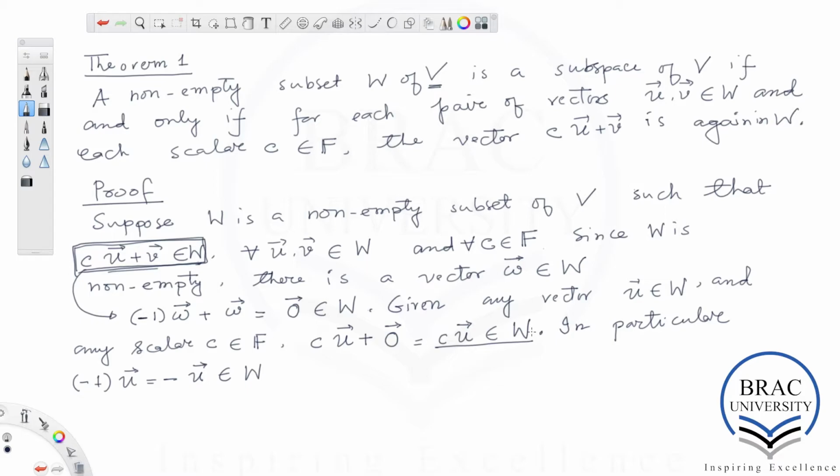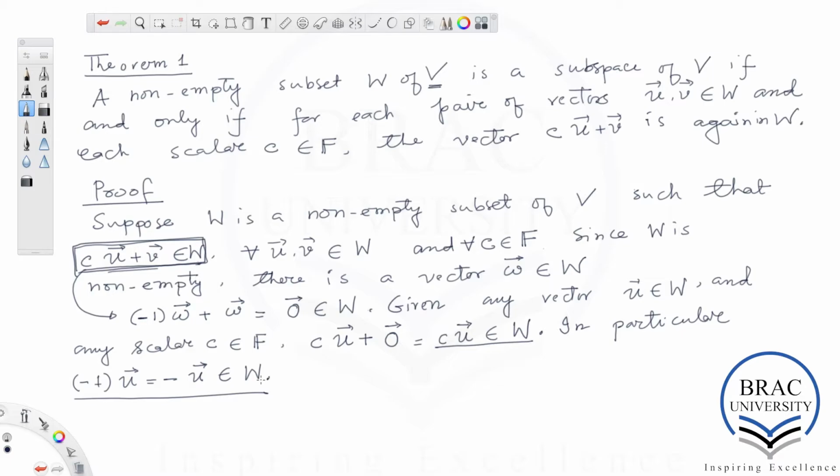So given each vector in W, its additive inverse is also in W.